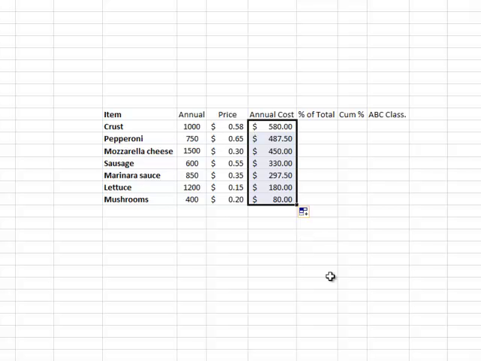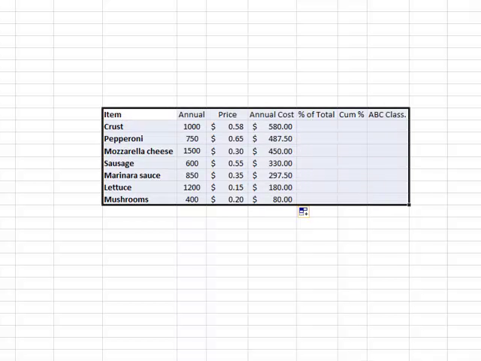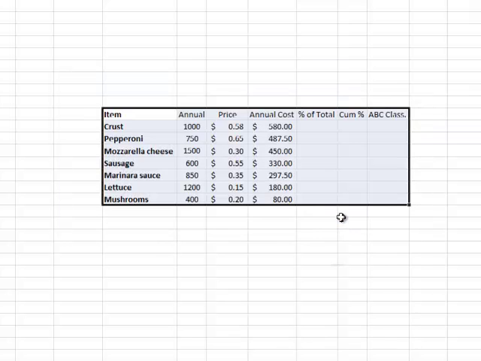The next step is to sort this list in descending order on the annual cost. I can highlight the items, go to a sort, and sort on the annual cost from largest to smallest.